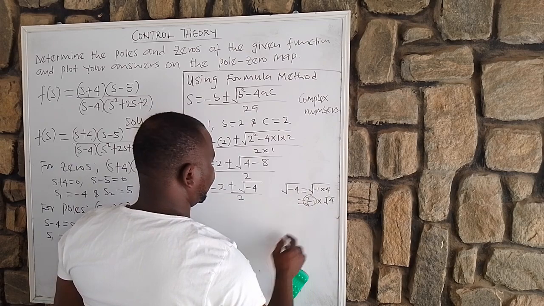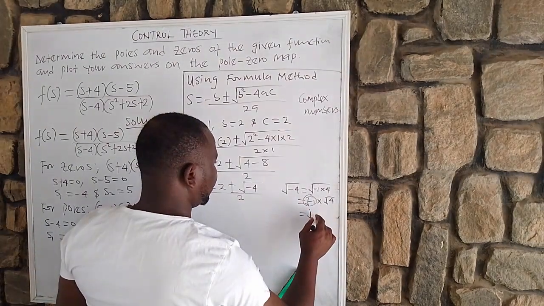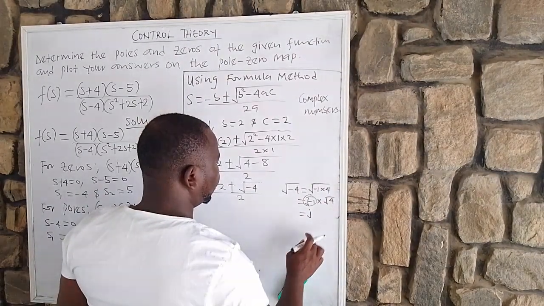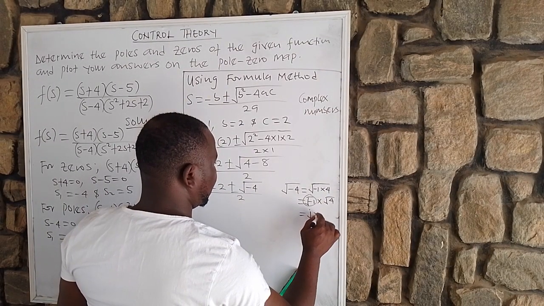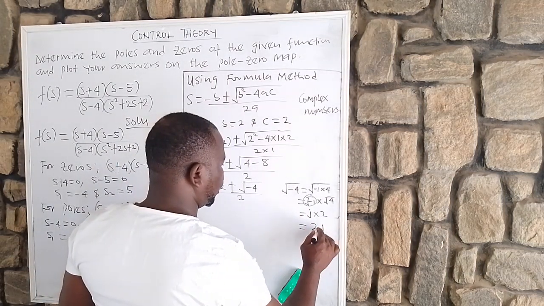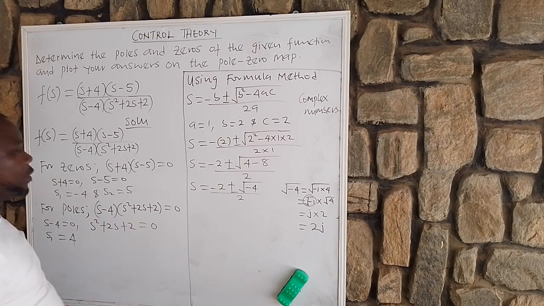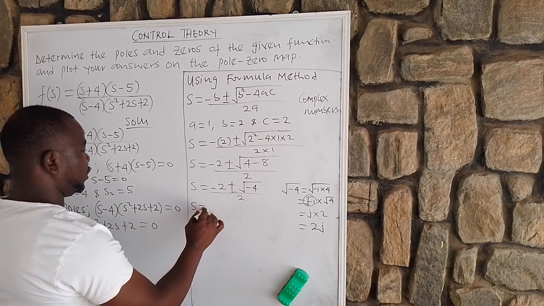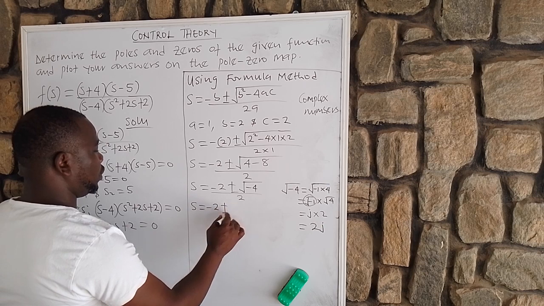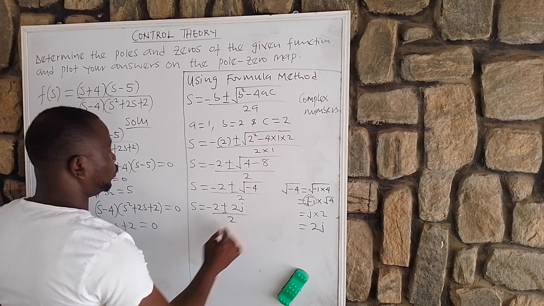Then this will give you j, and root 4 is 2. So j times 2, that is 2j. True or false? So our s is equal to minus 2 plus or minus 2j all over 2.